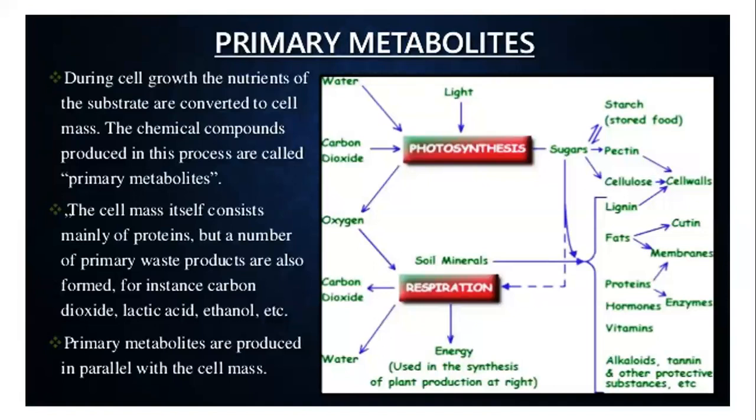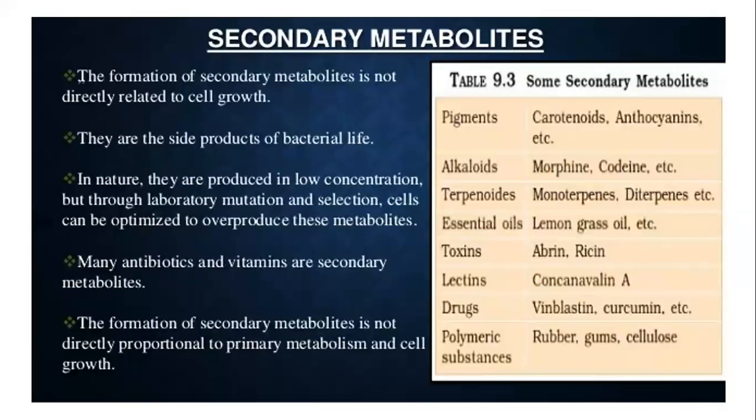And there is another type of product that is produced during this type of reaction, which are fewer in number. Those are called secondary metabolites, which are not directly related to cell growth, but they are very important. In the secondary metabolites, we can get some antibiotics and vitamins.